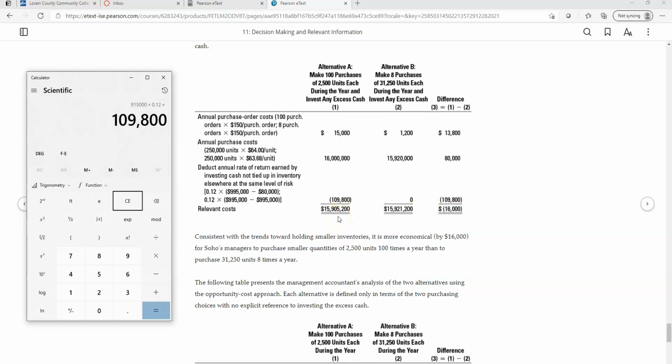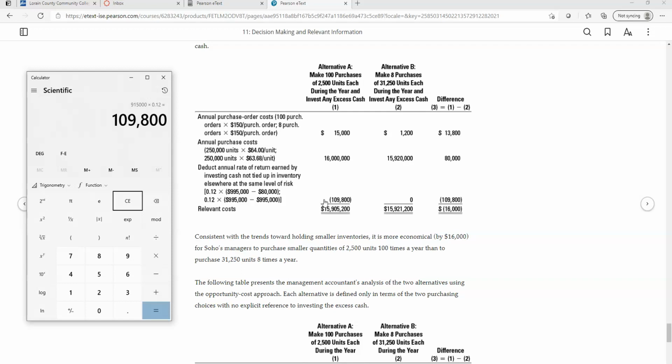I'm actually coming out ahead by placing more orders for smaller amounts, getting deliveries twice a week for the entire year, even if I'm paying more per unit. Why? Even though I'm paying more in annual purchase order costs for placing the purchase orders, and even though my cost of inventory itself is more, I'm offsetting that with smaller purchases because I'm able to invest that difference in average dollar amount of ending inventory.